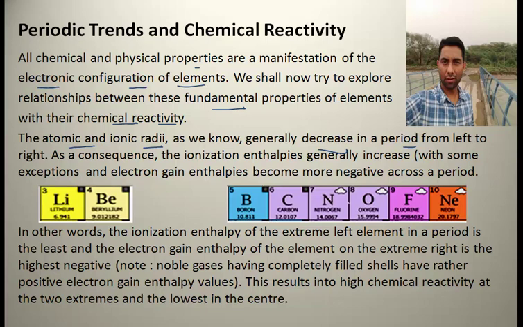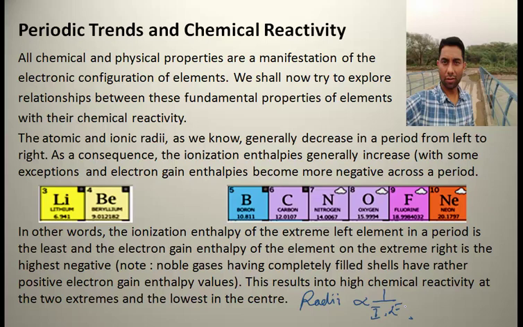That's why the size of fluorine is smallest, because the radii go on decreasing along the period, from left to right. As a consequence, the ionization. Now, can we relate size with ionization enthalpy? So radii can be related: it will be inversely proportional to ionization enthalpy.